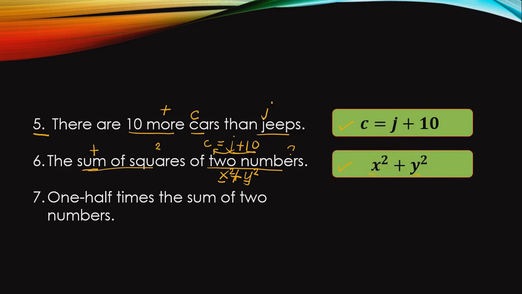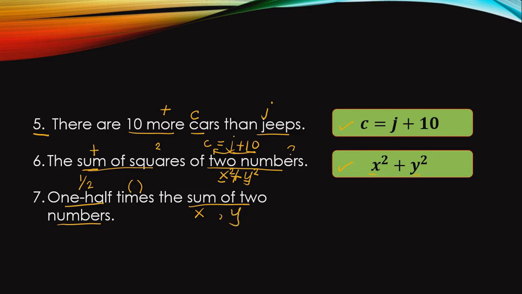And last one, we have 1/2 times the sum of two numbers. 1/2 is a fraction. Times is multiplication. Again, we use parentheses or a dot so we won't be confused. And then the sum of two numbers, where x is the first number and y is the second number.